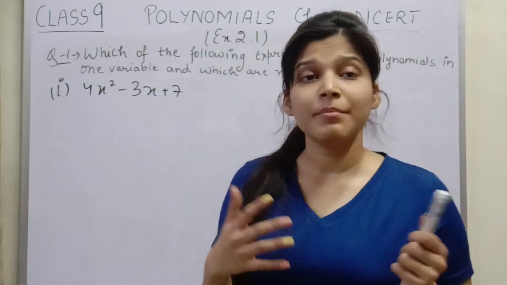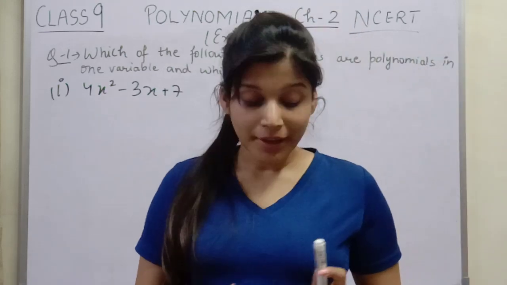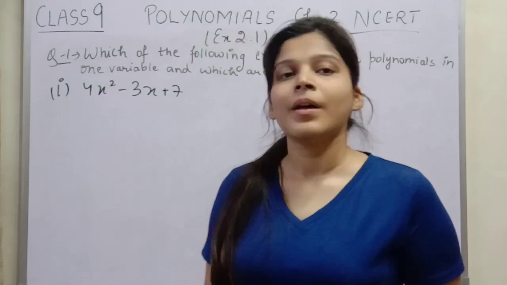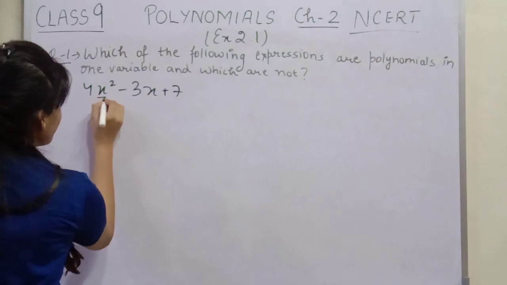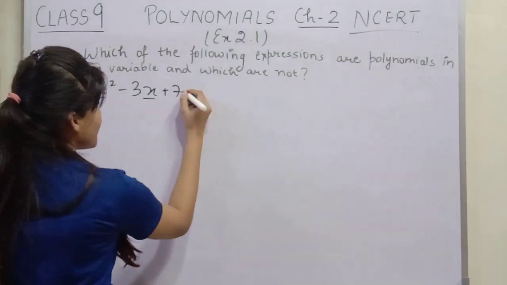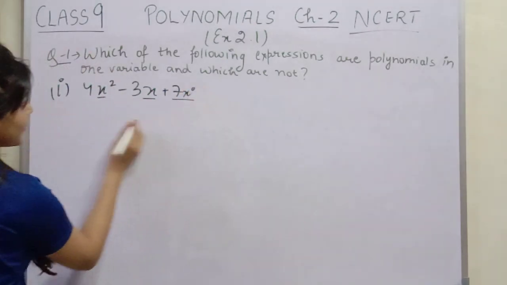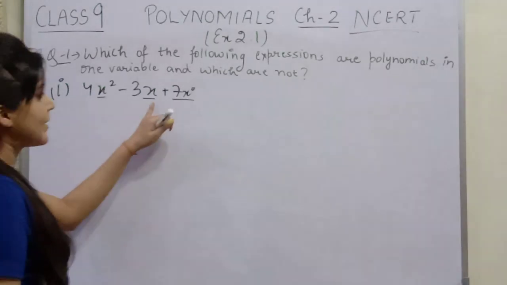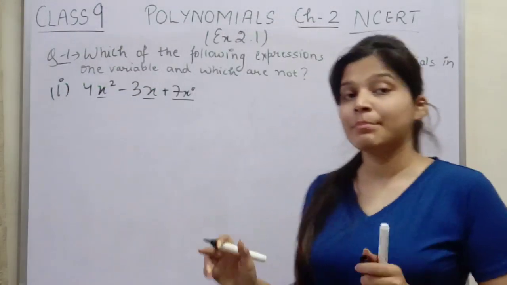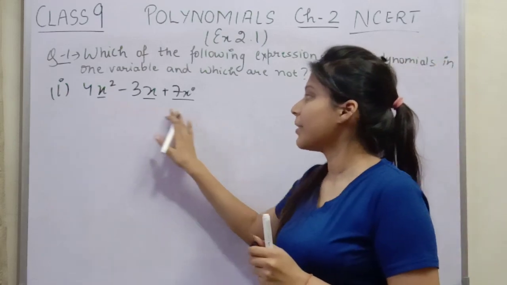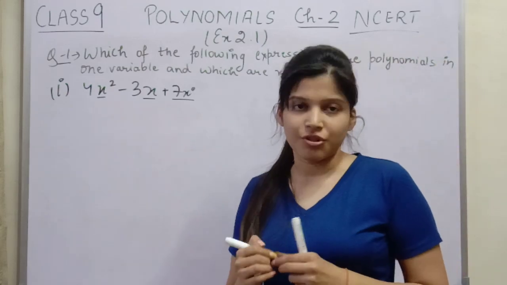Now what do we mean by polynomials in one variable? We all know that one variable means the variable should be the same. See, the variable is the same overall, x x x, right? One variable means that everywhere we should have x only.